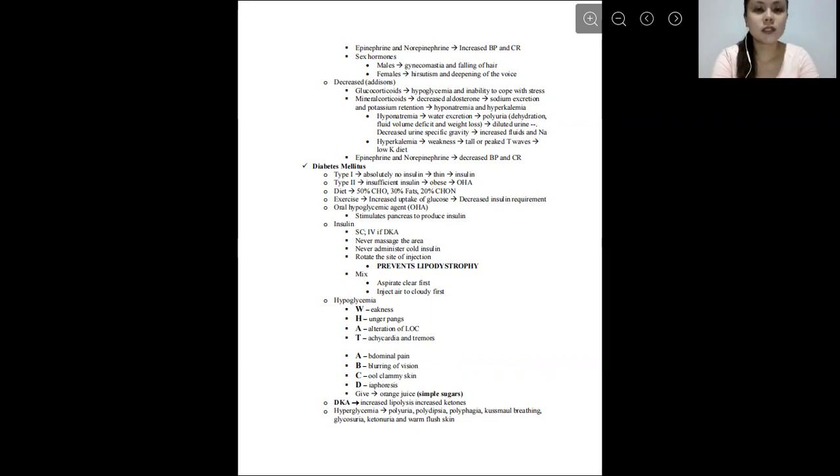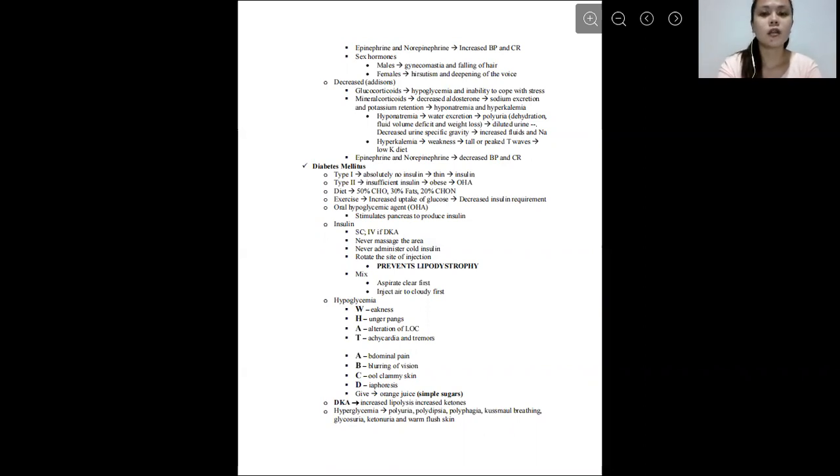Type 2 is insufficient insulin. When we say insufficient insulin, our insulin is not enough to stimulate the glucose in our bloodstream.